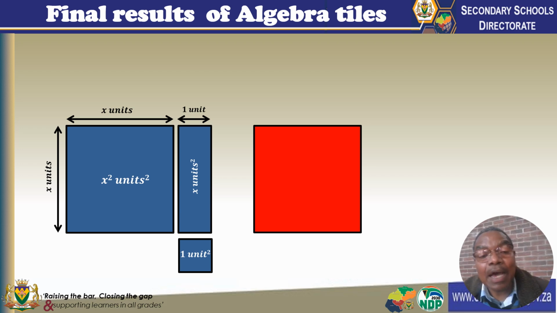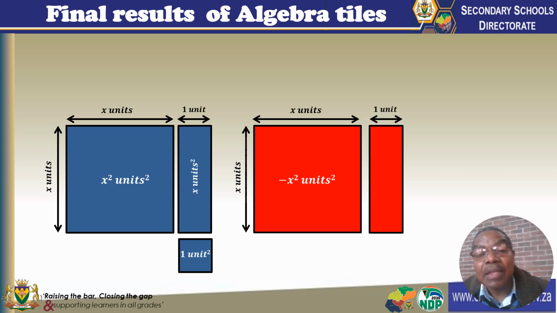The red color represents negative values. It will be x by x giving us negative x squared units. Then the rectangular shape represents x by 1 unit giving us negative x units. The last one, the 1 unit square, represents negative values.